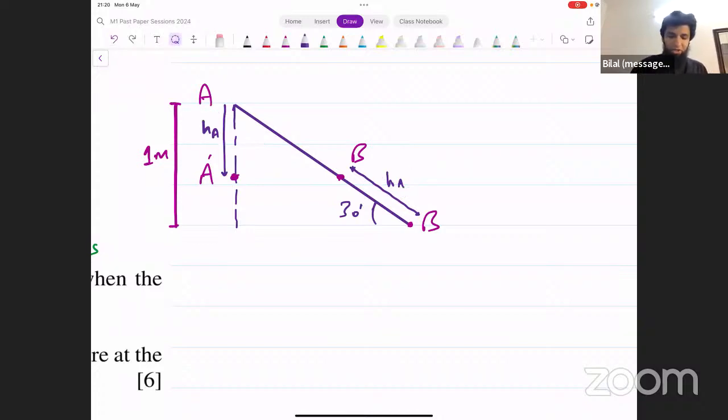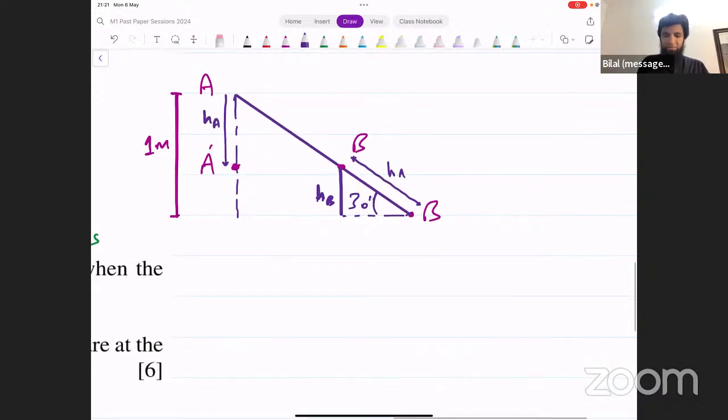Now, what about the change in height for B? What would that be? This is going to be the change in height for B. HB. Vertical height change for B, that is this. Can we somehow connect HA and HB here? It's a right angle triangle. Let me make this slightly smaller. This right thing, this is 30 degrees.